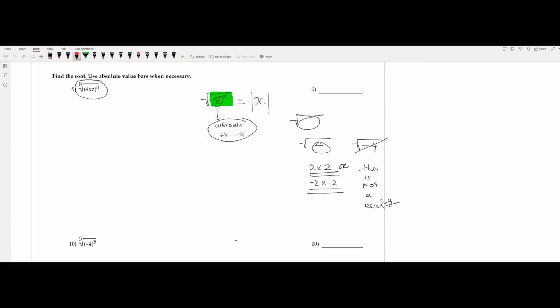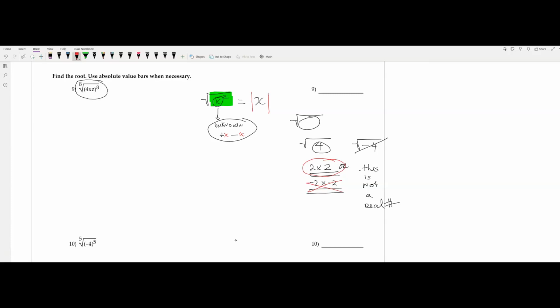The square root of a number represents the principal square root, right? And therefore, it produces really 2 times 2. And let's forget about the negative 2 times negative 2. It represents 2 times 2. Okay? So that's because of the principal square root.